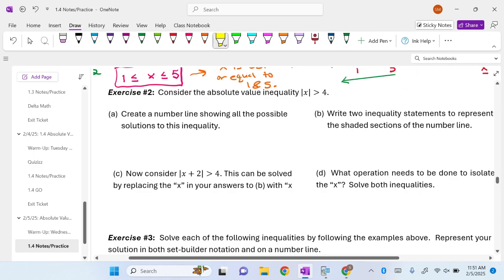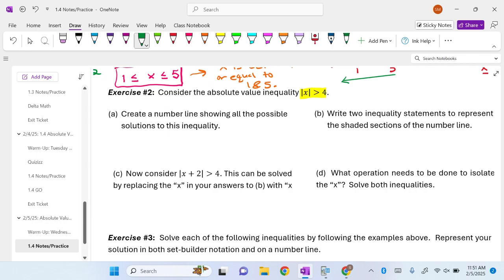So exercise 2, we're now looking at the absolute value of x is greater than 4. All right. So let's list some numbers that could work, just like we did in the last problem, so I can plot it on the number line.